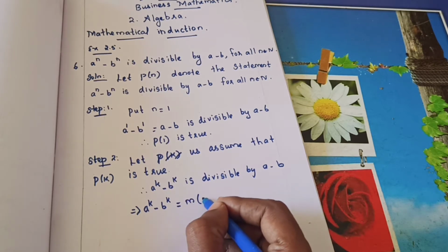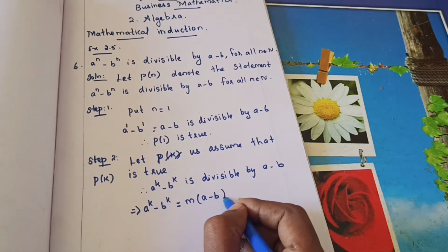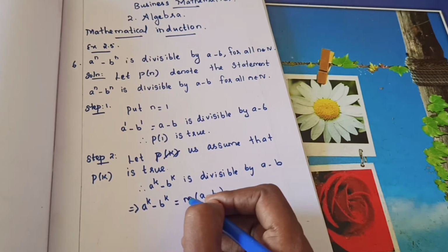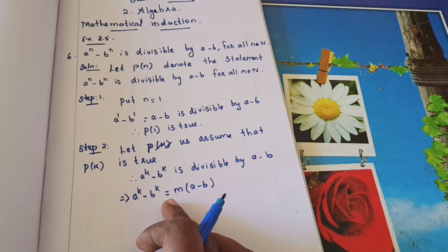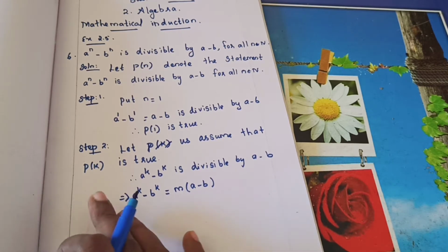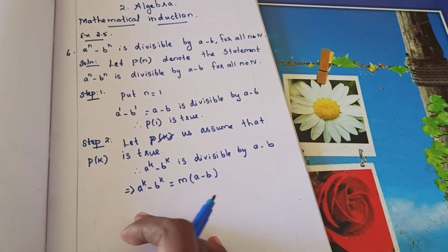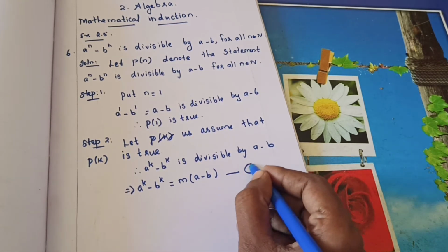So let us take that as m. So m into a minus b, where this m is a constant. Whatever value m takes, 1, 2, 3 or anything, it will still be divisible by a minus b. That's the meaning. Now take this as equation number 1.